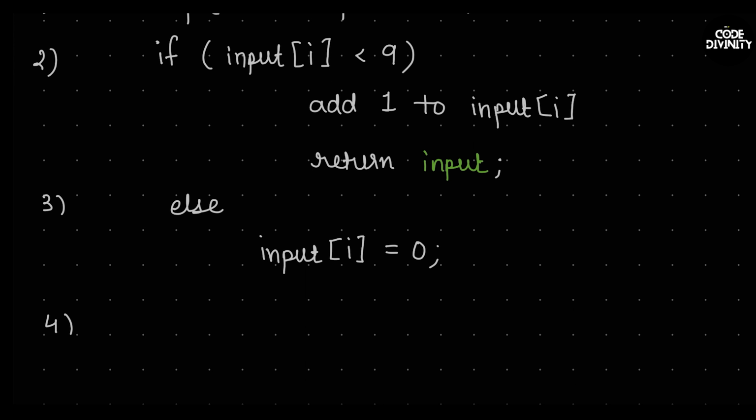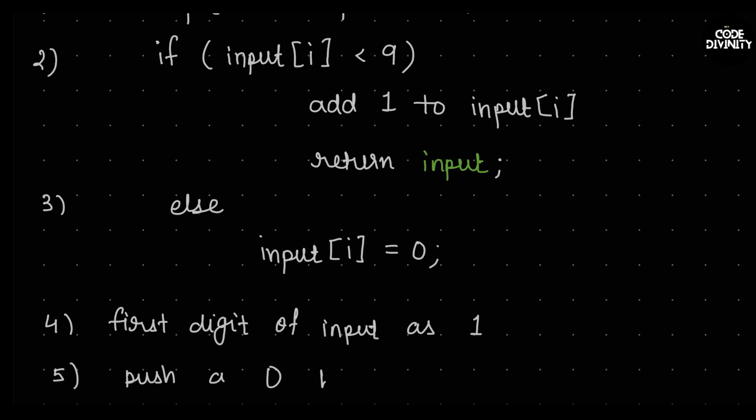And finally, when the loop terminates, we will set the first digit of input as 1. So this is the carry 1 which will be added at the beginning of our array. And in order to compensate for that additional digit, we will push a 0 at the back and then we will return our input. Let us visualize an example over this algorithm so it will be much clearer.